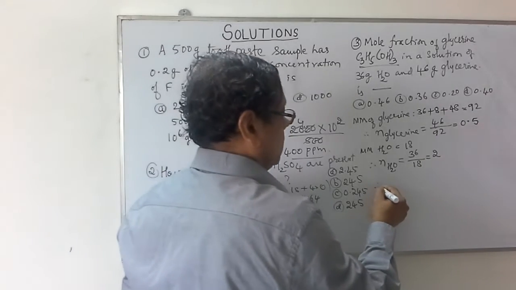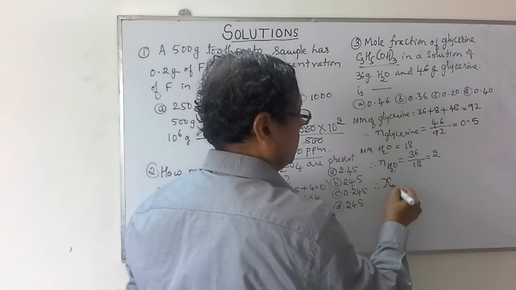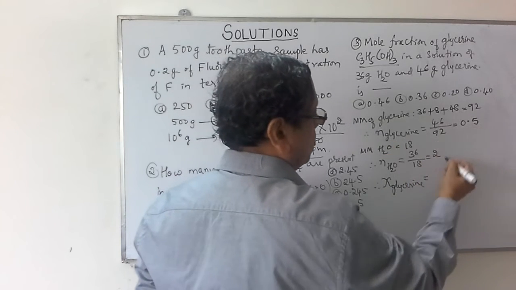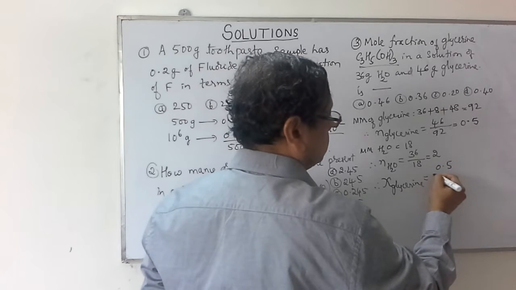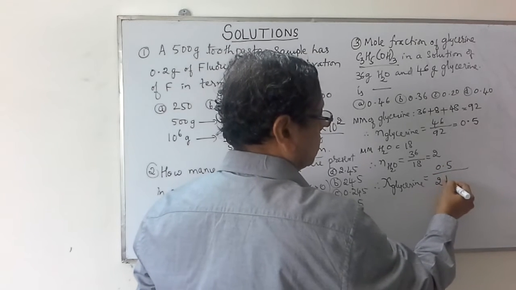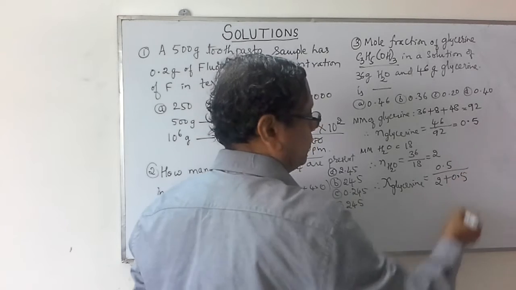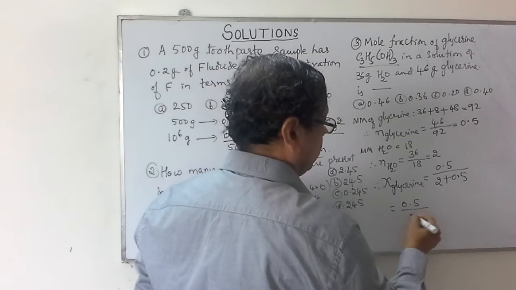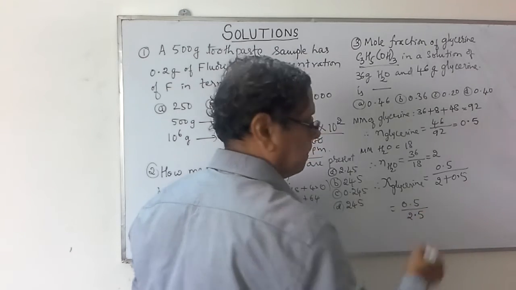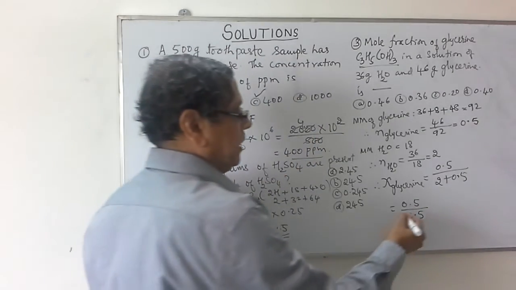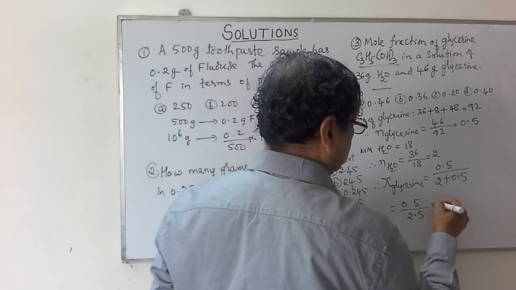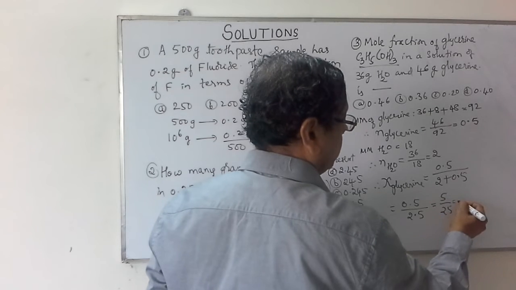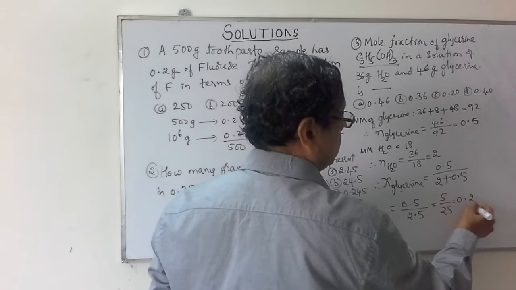Therefore, the mole fraction of glycerin is the number of moles of glycerin, 0.5, divided by the total number of moles, 2 plus 0.5, which is 2.5. So it is 0.5 divided by 2.5, which is 5 by 25, that is 1 by 5, equal to 0.2.